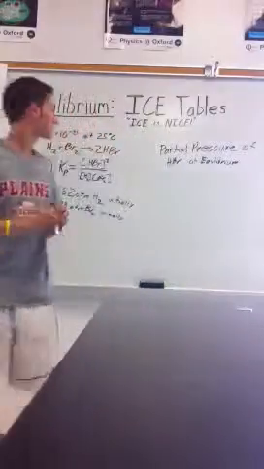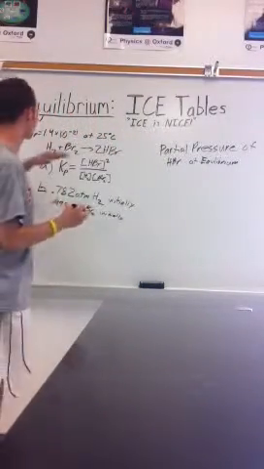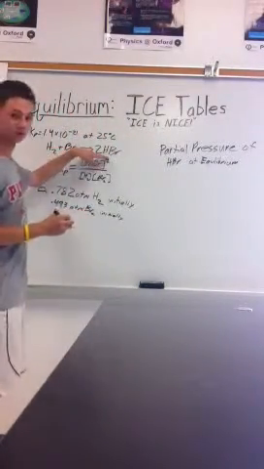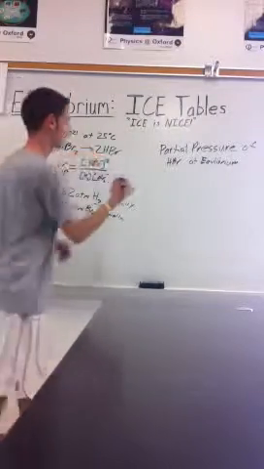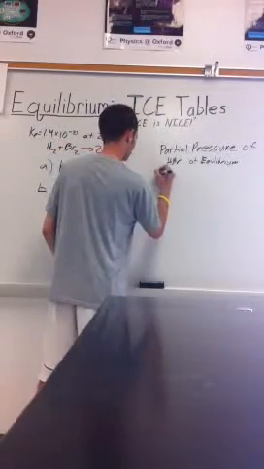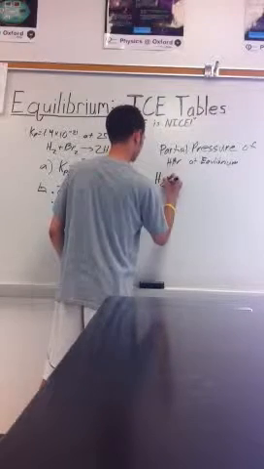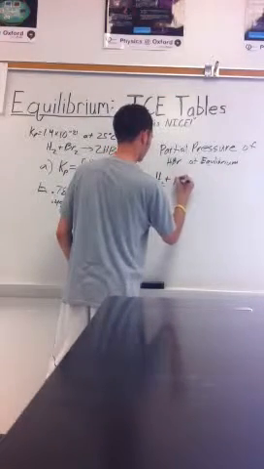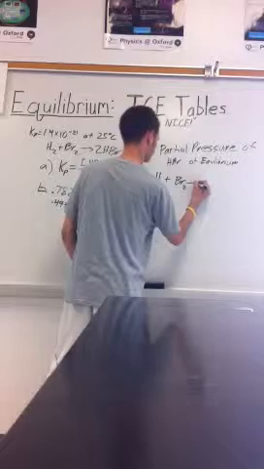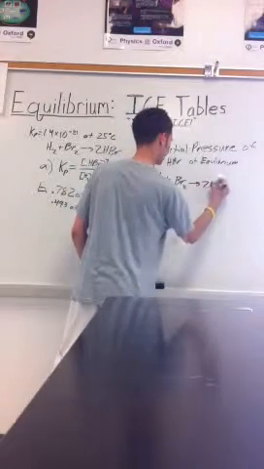This means you're going to set up an ice table. Ice table is very simple. What you do first is you rewrite the chemical equation, just like that. So H2 plus Br2 yields 2HBr.